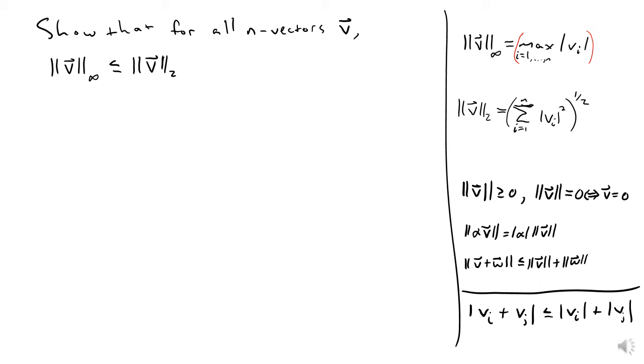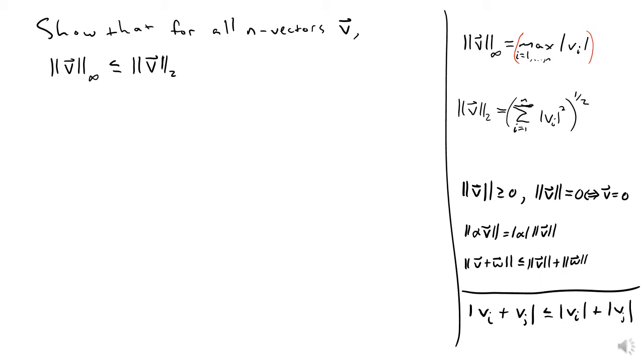Alright, so let's start with this first inequality. We want to show that the infinity norm for any vector is always going to be less than or equal to the 2 norm. When we prove these inequalities, it's nice because we've got different ways of measuring the size of a vector, different norms, and it's good to have an idea of how these norms are related to each other.